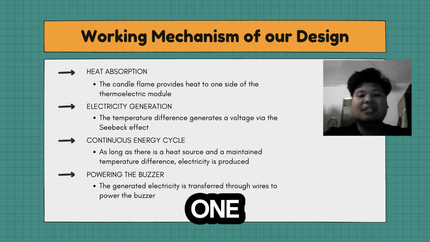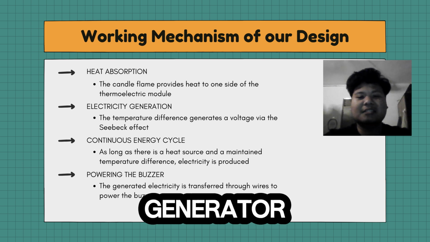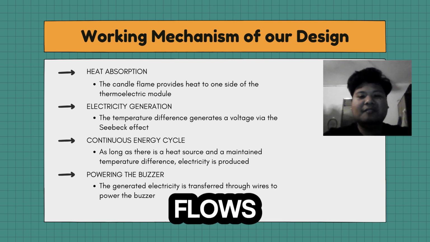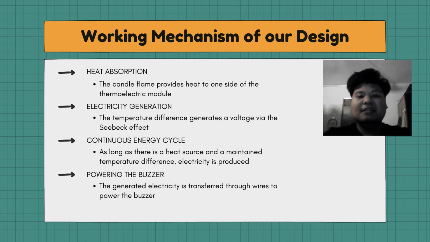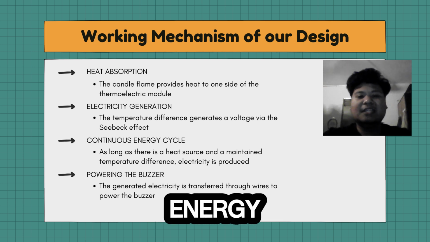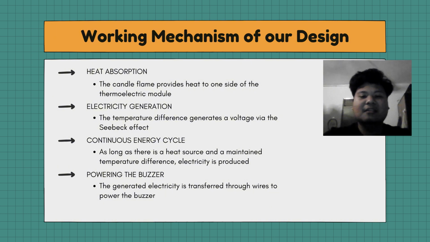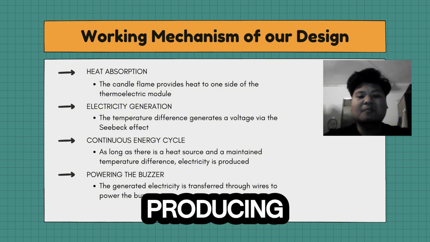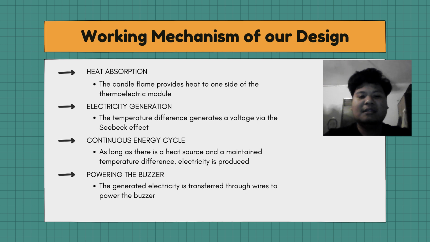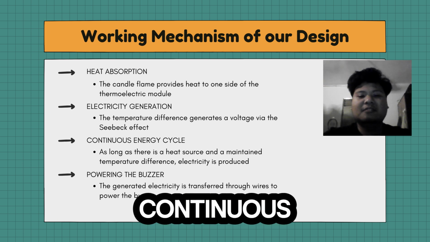So the next one, electricity generation. As we use the TEG, meaning thermoelectric generator, heat flows from the hot side to the cool side, and the TEG module converts this thermal energy into electrical energy through the Seebeck effect, producing a small voltage. And the next one, continuous energy cycle.